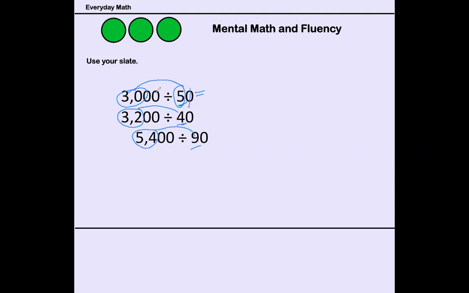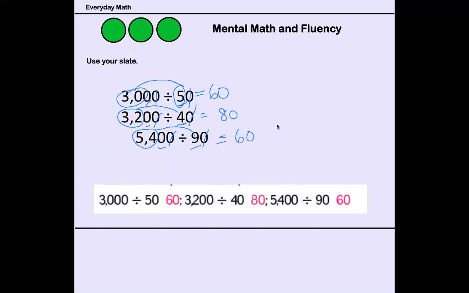We cancel out the zeros. So what's your answer? 5 goes into 30 6 times and add the remaining 0. 4 goes into 32 8 times and a remaining 0. 9 goes into 54 6 times and the remaining 0. Okay, let's check our answers. 60, 80, 60.